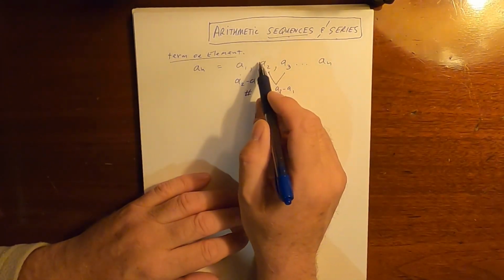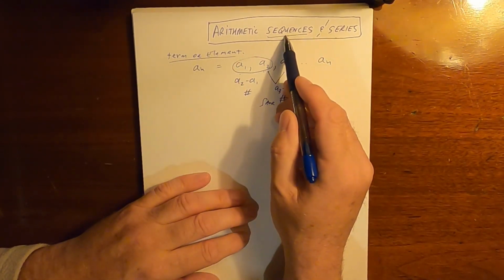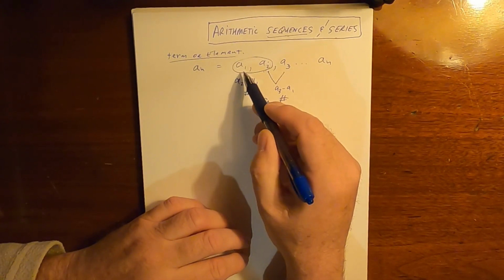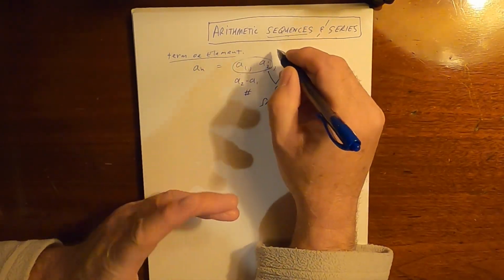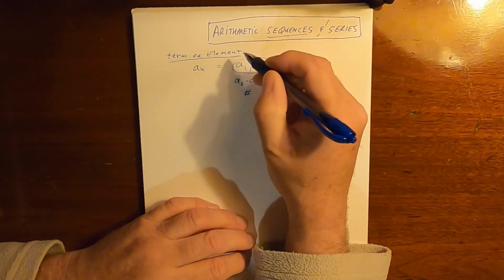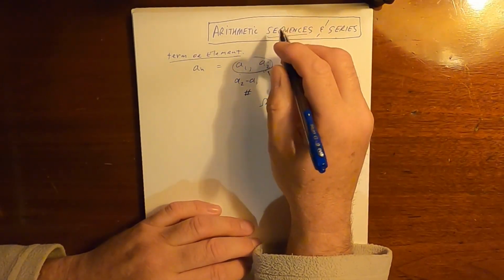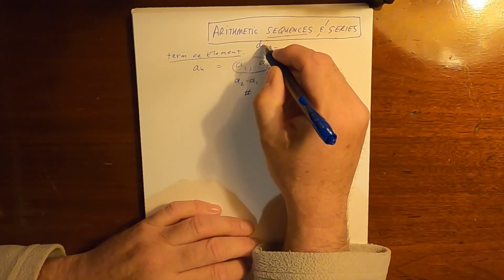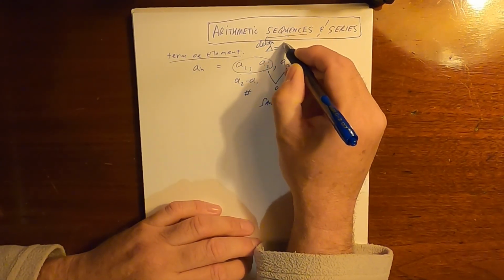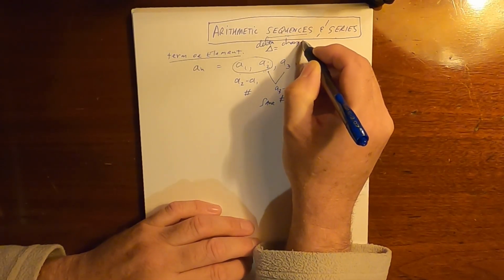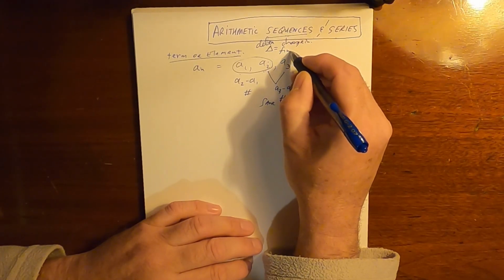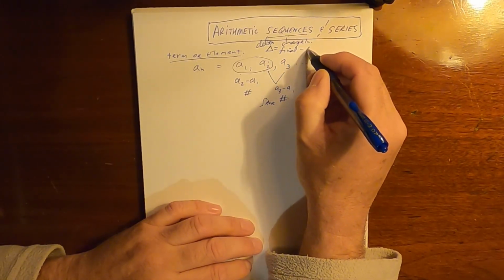Whenever you're looking at two terms in the sequence, it's the next term minus the first term, and this is something you always see in math and science. If you say the delta of something, the delta means change in something, and it's usually represented by the final minus the initial.